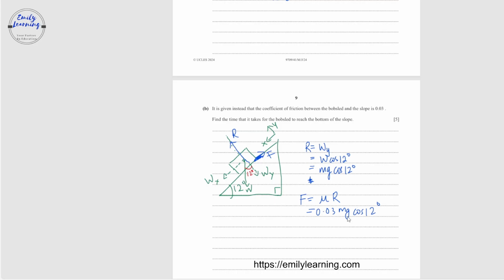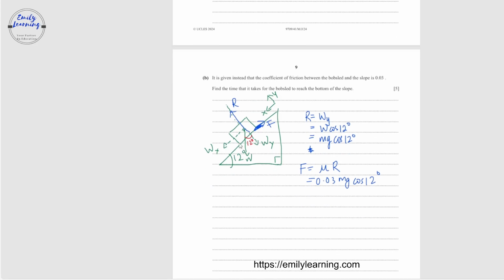So next, I do know that my resultant force is along the x direction. So the resultant force, let's resolve it, is equal to Wx minus F. And Wx is essentially mg sine 12 degrees. Then the F here is 0.03 mg cosine 12 degrees.